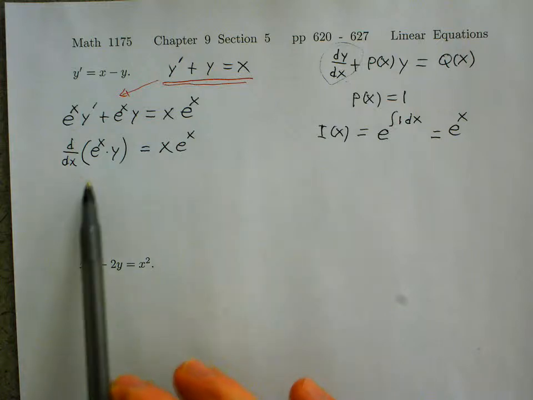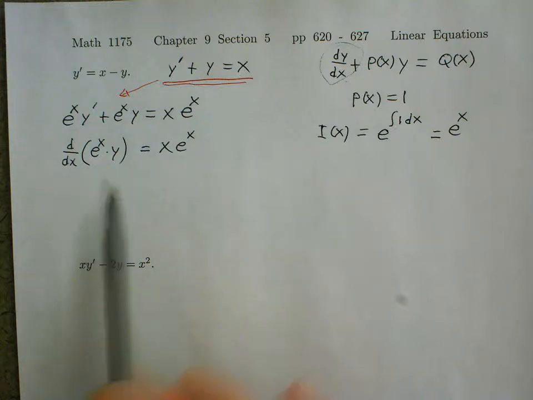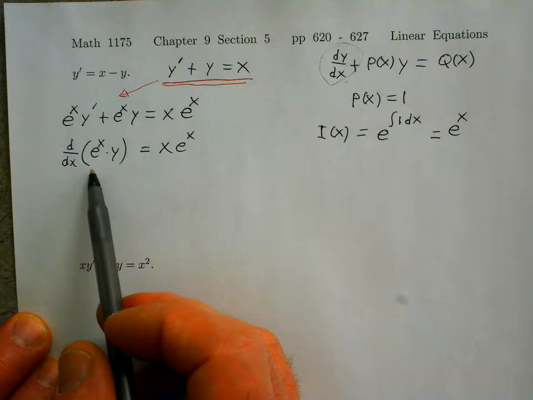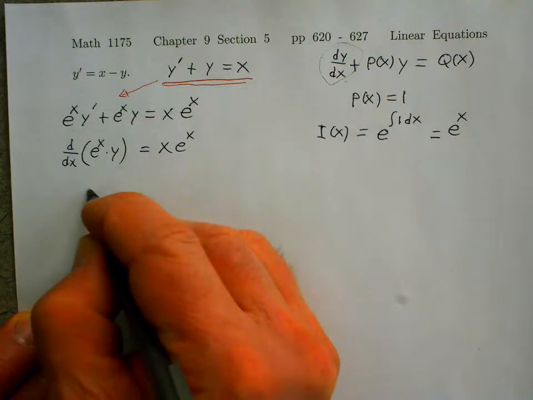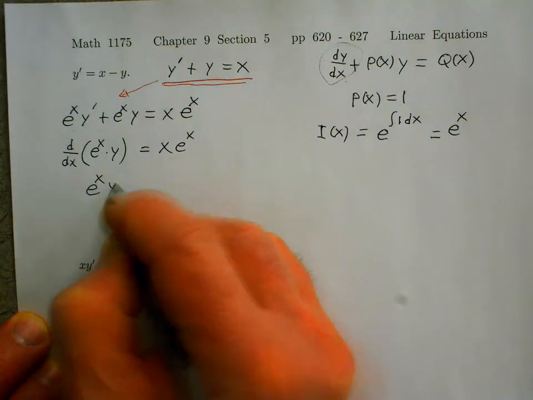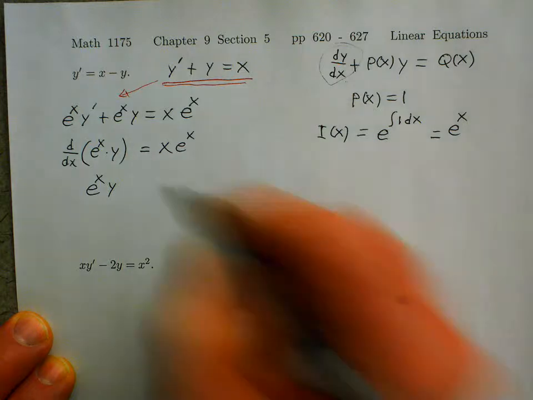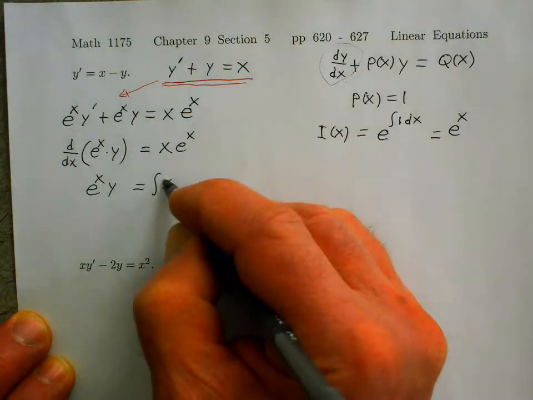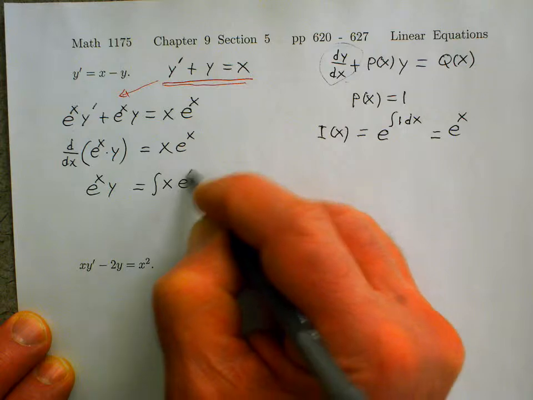When we integrate the derivative of a function, we just get the function, right? So the integral of the derivative of e to the x times y is just e to the x times y. And we integrate the right-hand side, which is the integral of x times e to the x dx.